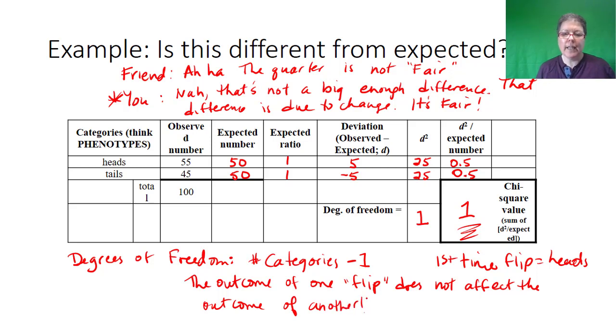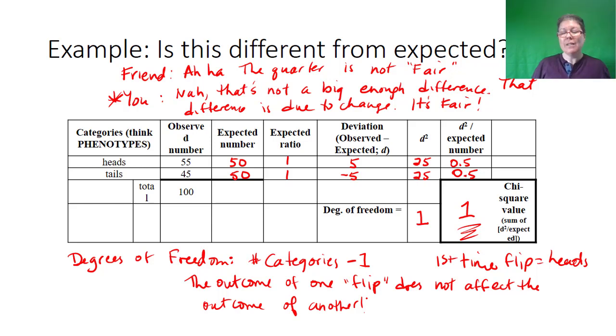And that's really key. That might seem really straightforward when it comes to quarters, but now think about it with children. So my husband's family has 4 boys and a girl. First 4 children were boys. The oldest was born. There's a 50% chance that that child was going to be born male, and a 50% chance it was going to be female. So when the baby was born, it was male.